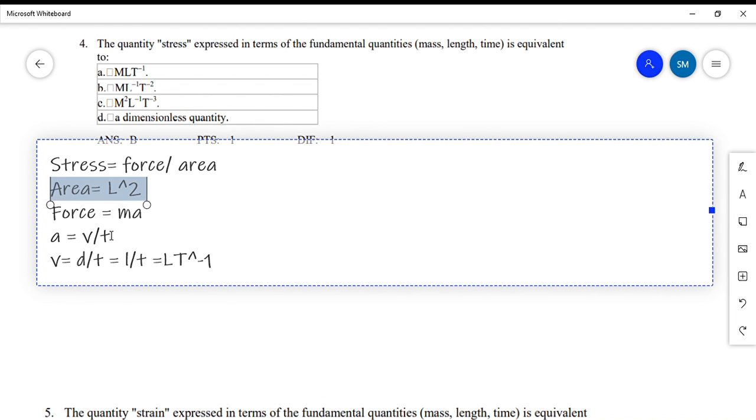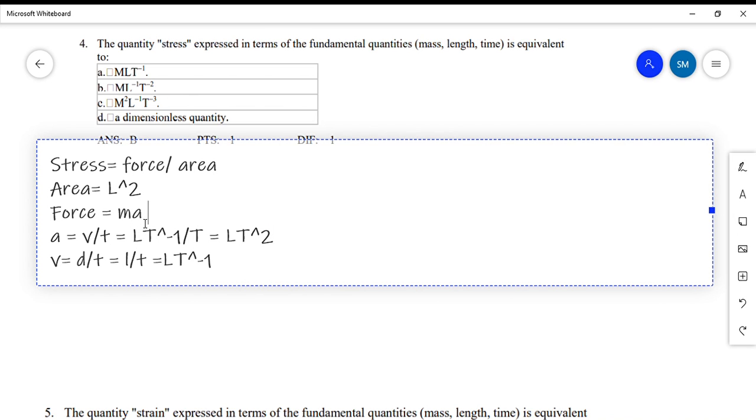We know the dimensional formula for the velocity, L T power -1, over T. We can say it in another way: L T power -2. This is the dimensional formula for the acceleration.